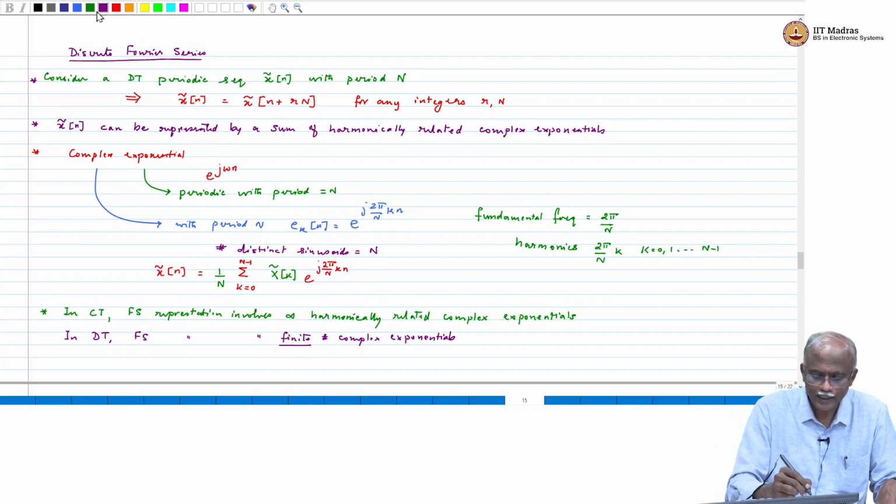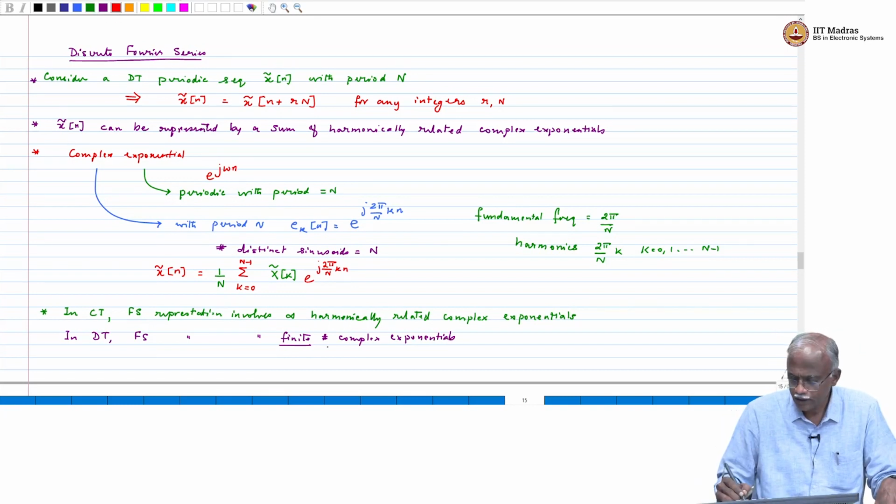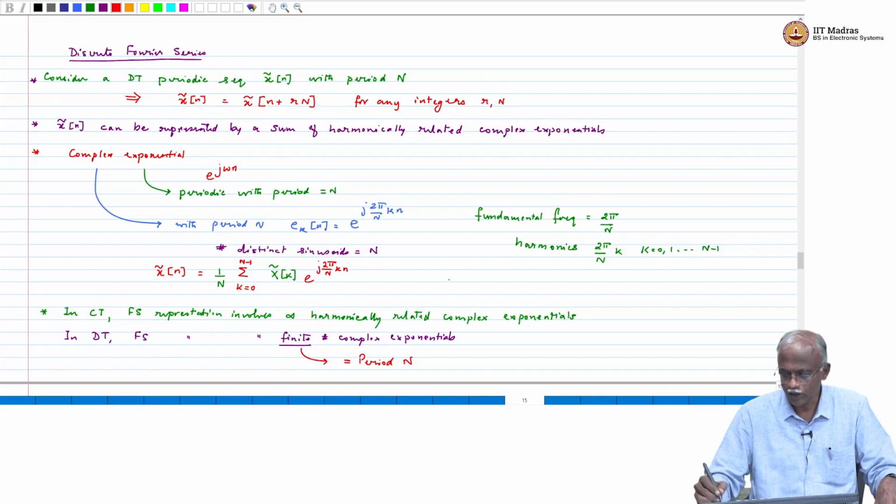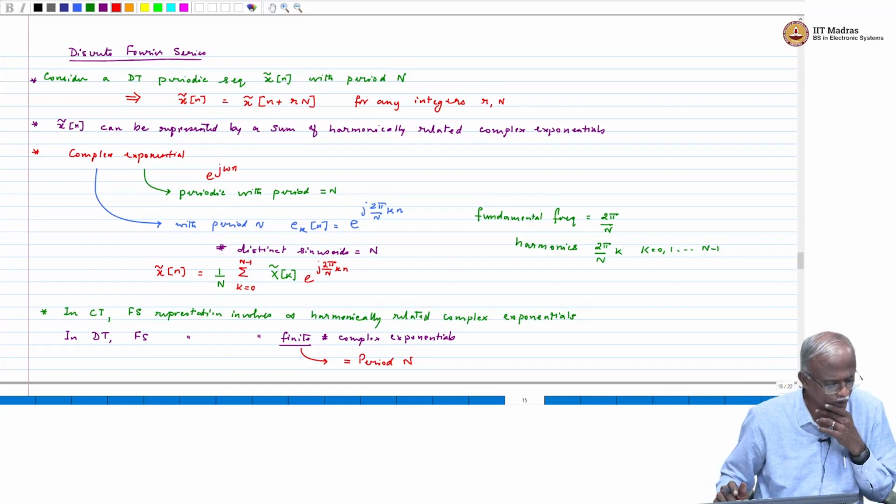If the period is N, you have only N complex exponentials that we have to worry about.